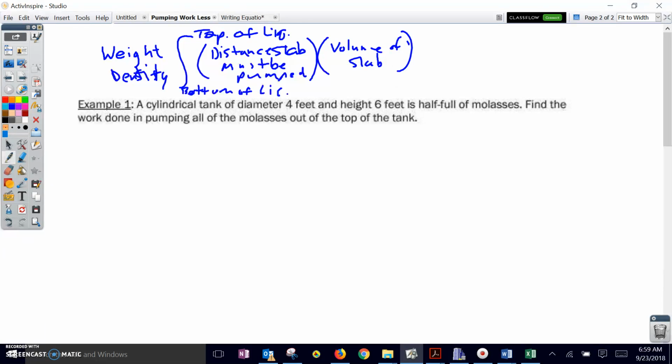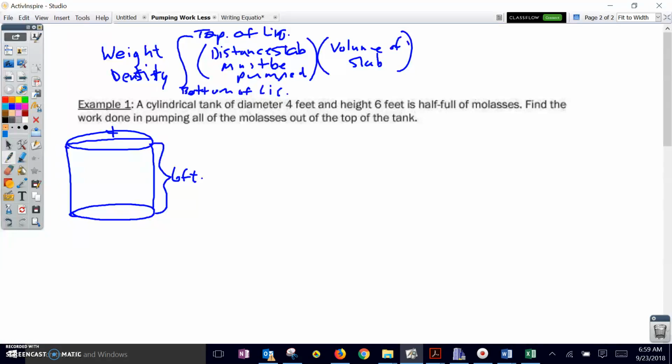Okay, so in example 1 here we're told that we have a cylindrical tank of diameter 4 feet. So the diameter here is 4 feet. And the tank is 6 feet high.